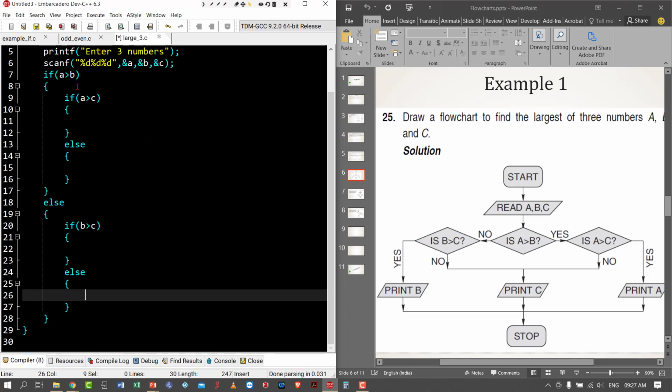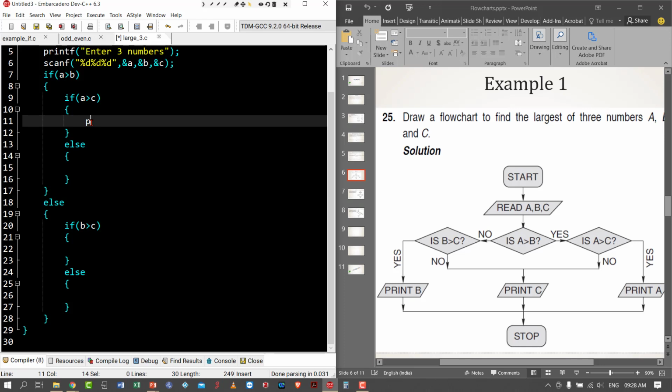So again, compare this entire block and this flowchart. If A greater than C, what do I have to do? Print A. That means I have to print the value of A. So I am writing something like printf. If I give 10, 3 and 6, I want the output as 10 is largest.